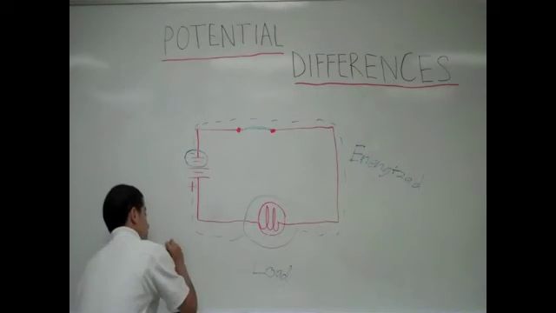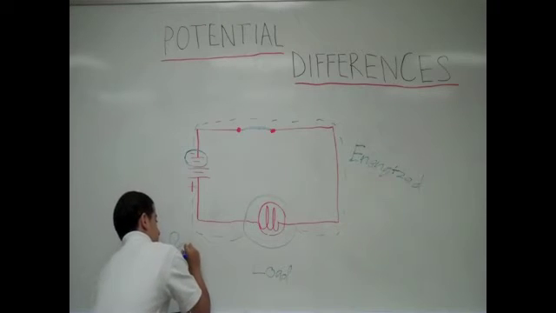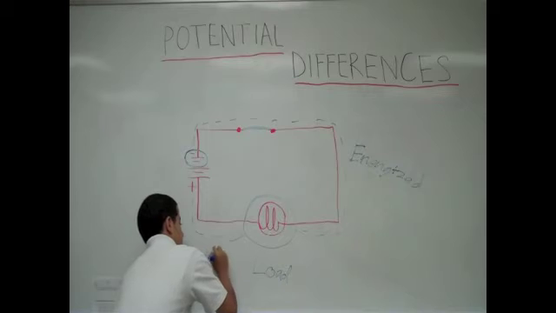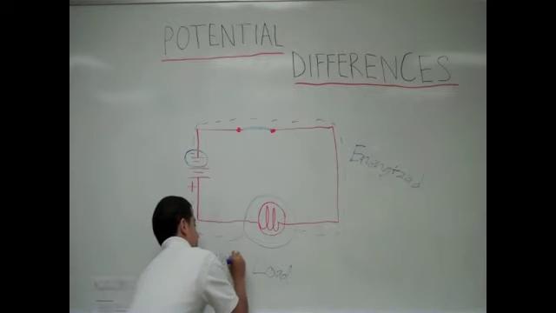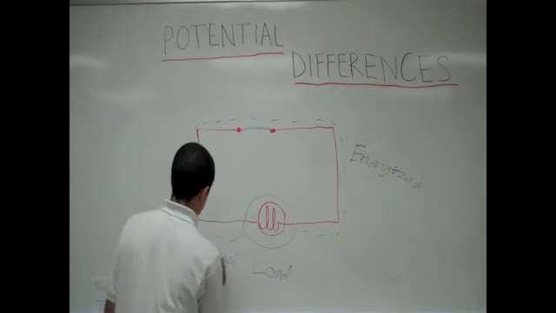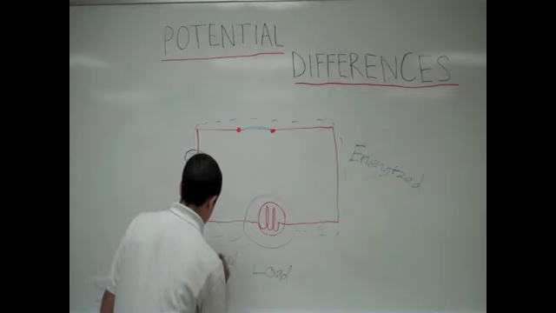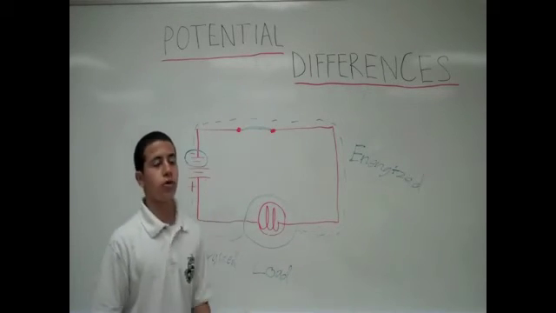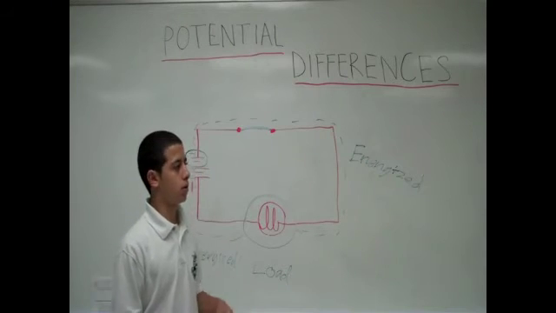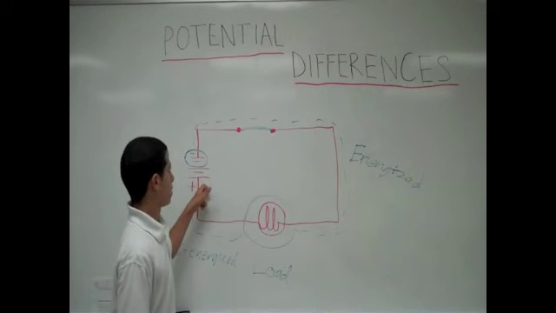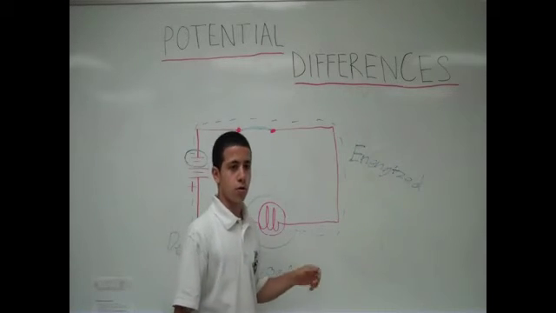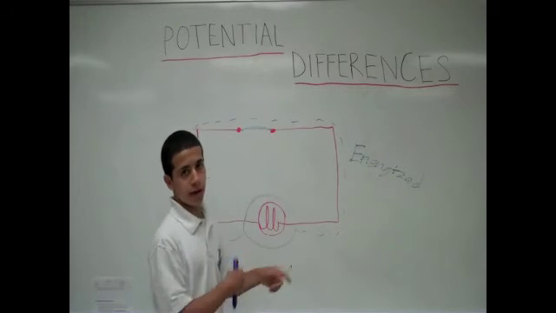So these are de-energized. So once they come back to the battery, the chemical reaction re-energizes the cells so it can continue with the light bulb.